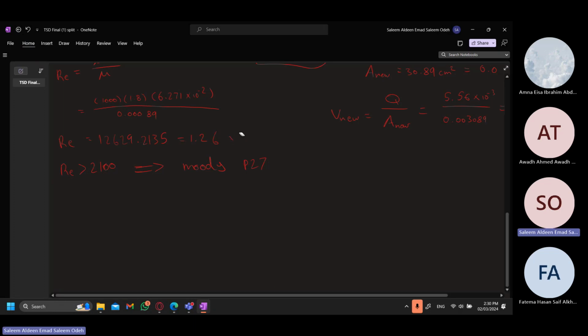I wrote the Reynolds number wrong. The Reynolds number is supposed to be 126829.21, which equals 1.26 times 10 to the power of 5.